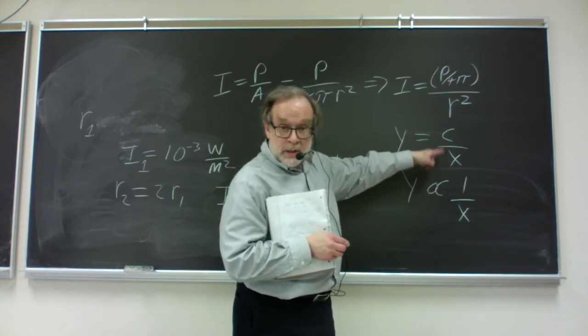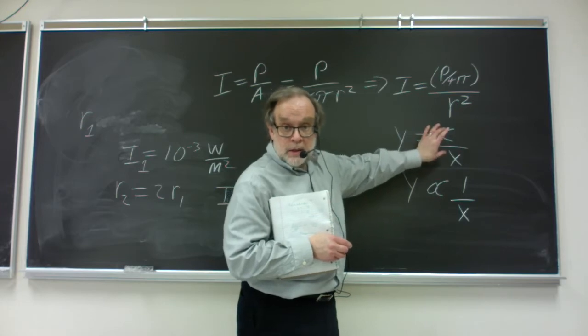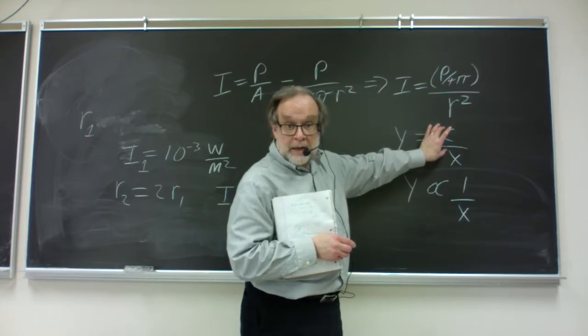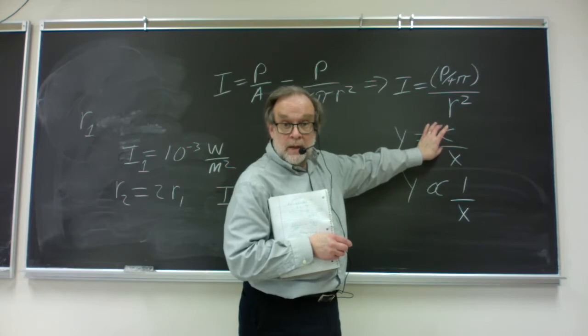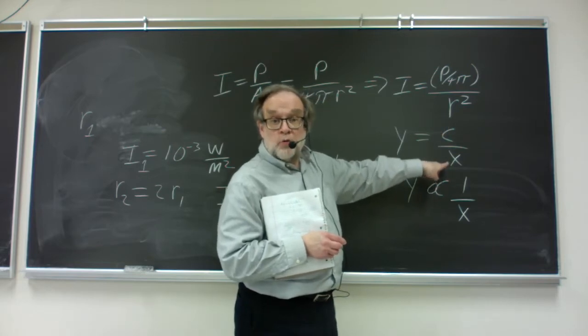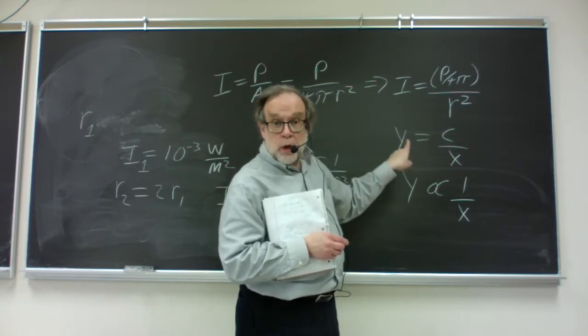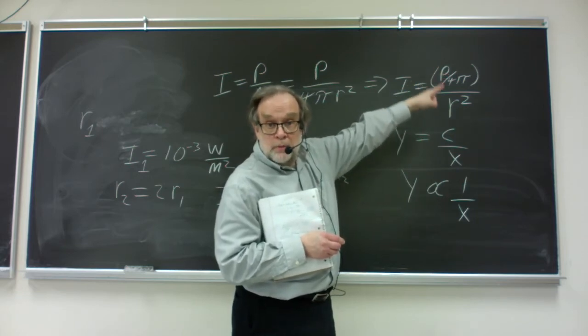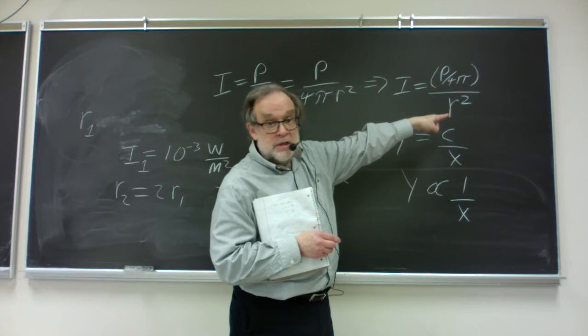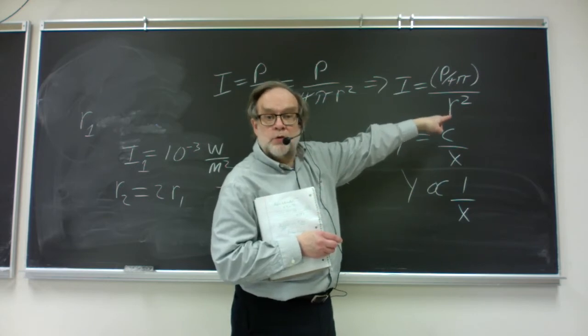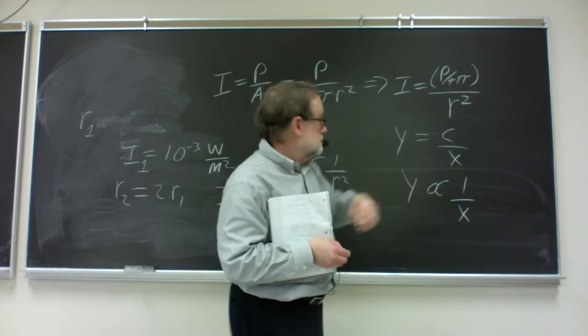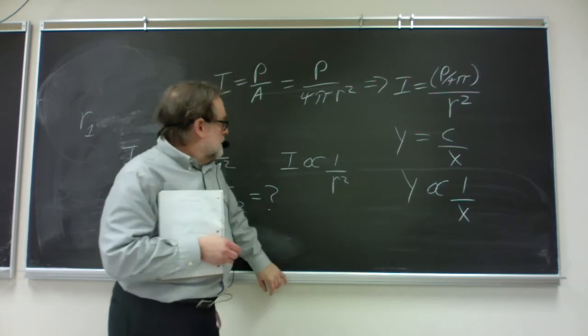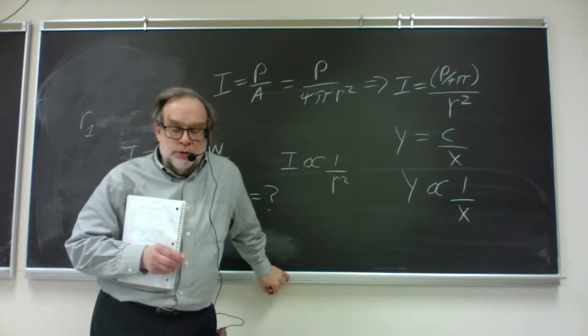And what this means here on the right hand side is that after you've lumped all the constant stuff together, whatever is left over is the variable that's proportional to y. So here, after we've lumped all the constant stuff together, what's left over is not r, what's left over is r squared.